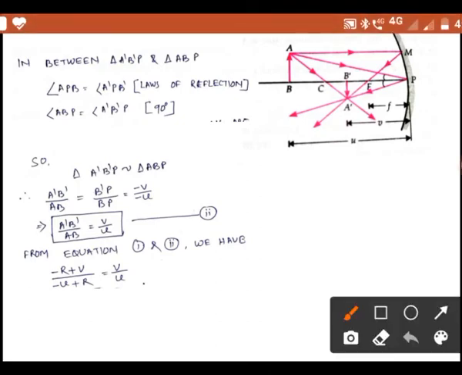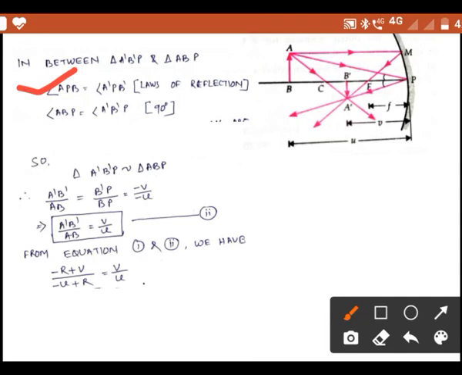Then in between triangle A dash B dash P and triangle ABP, look, in between these two triangles, angle APB equal to angle A dash P B dash, law of reflection. So i equal to r, that means angle APB equal to angle A dash P B dash.